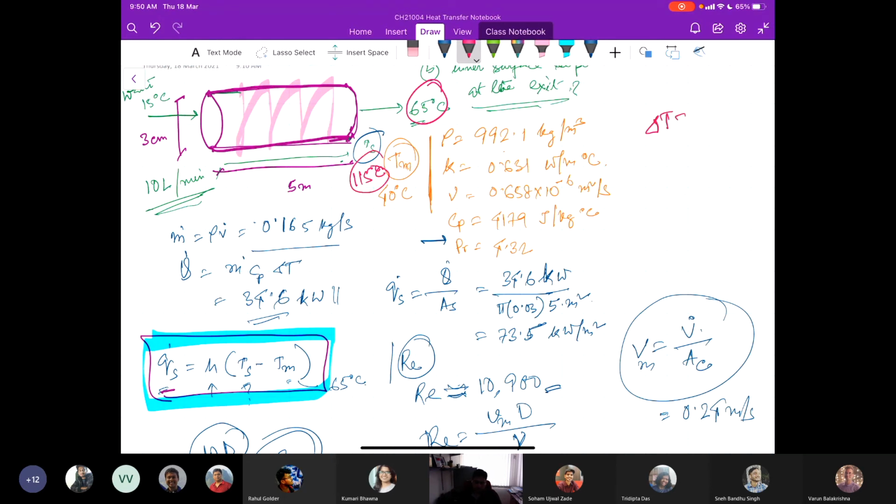So our eventual del T is 50 degrees centigrade. Now my question is, after say this 0.3 meter, which is around the entry length, in the fully developed turbulent region, what would be the del T value?